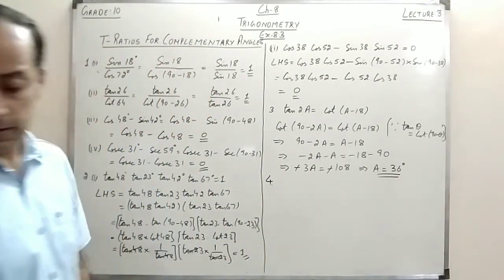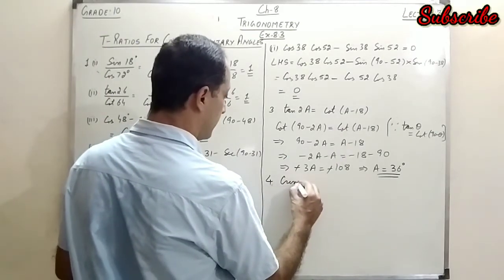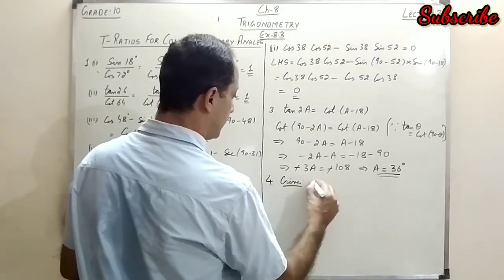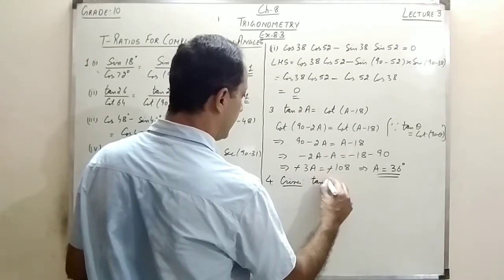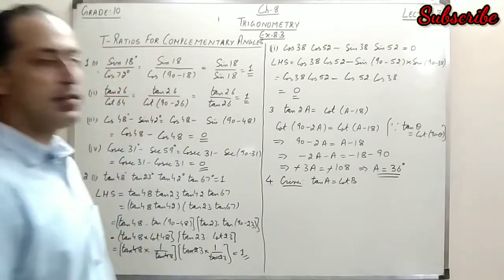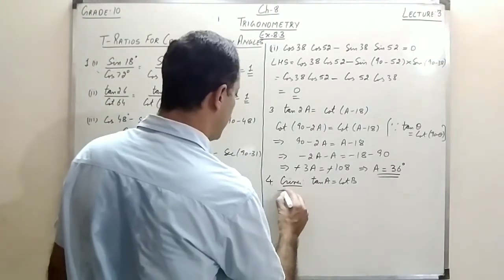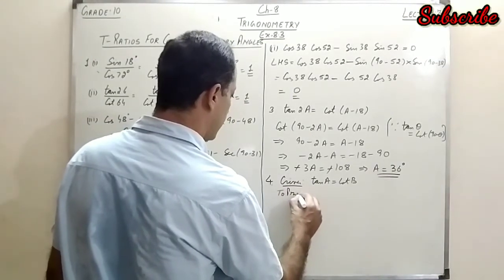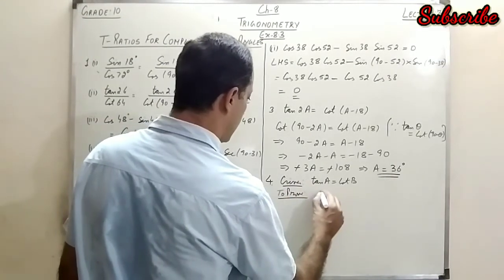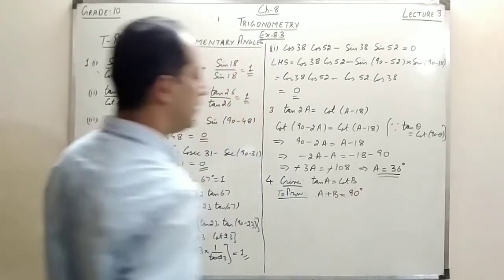It is given, quite simple, that tan A is equal to cot B. This is given to us and we have to prove that A plus B is equal to 90.